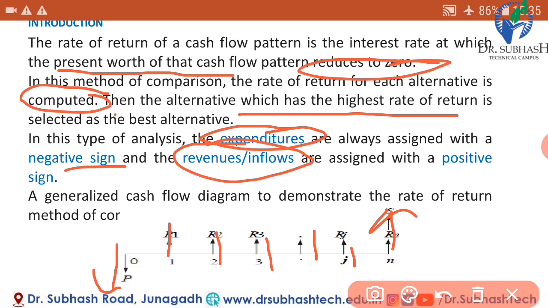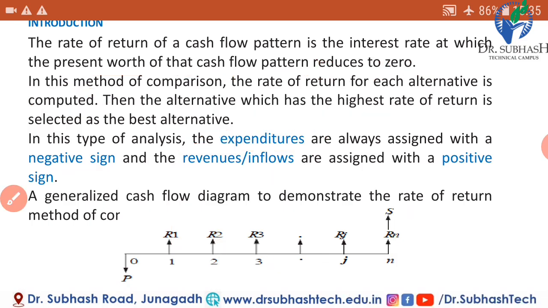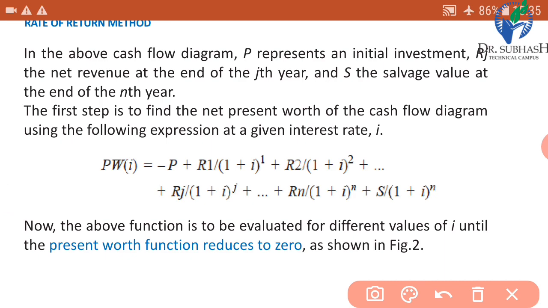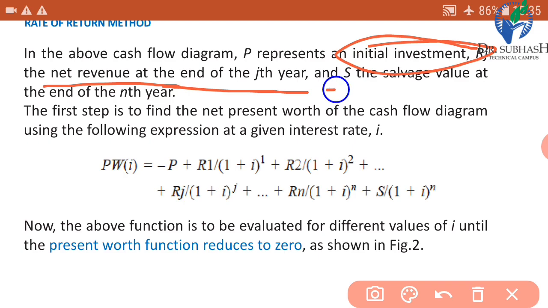So this is the cash flow diagram. In the above cash flow diagram, P represents the initial investment, Rj is the net revenue at the end of the jth year, and S is the salvage value at the end of the nth year.